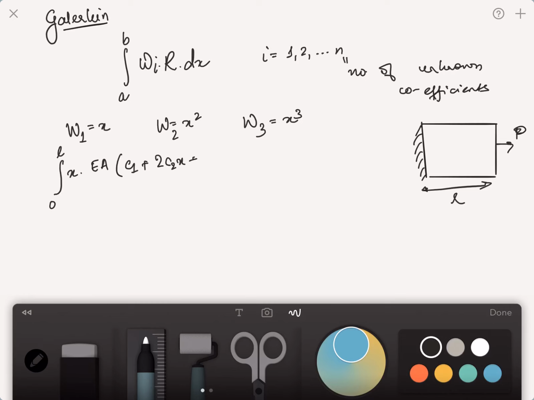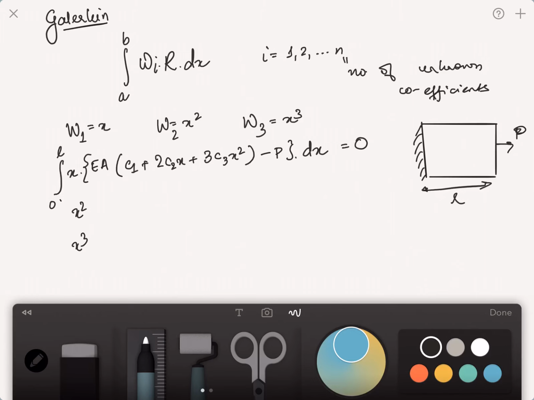If you don't remember, you can have a look again, just slide back, or I'm sure you're making notes alongside. Now, what you need to do here is fill up the same integral 3 times, right? Once with W1, once with W2, and once with W3.